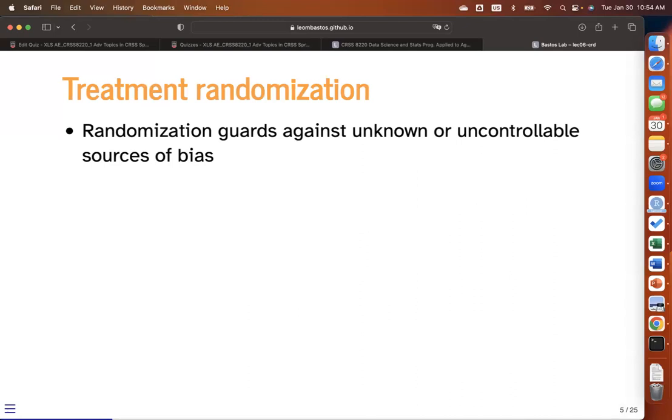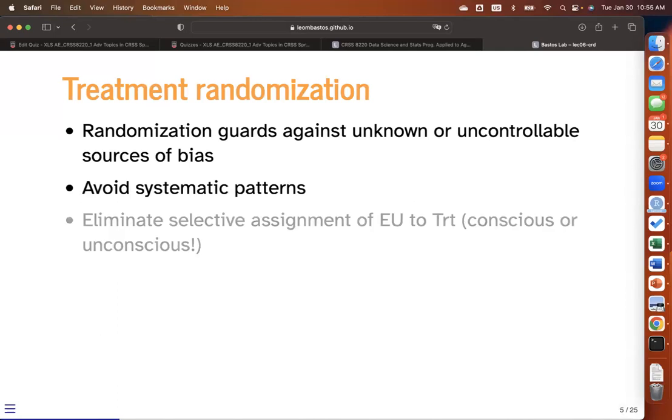So, we're going to be talking about some of the points that we just had a conversation about: randomization is what guards us against unknown or uncontrollable sources of bias. It helps us avoid systematic patterns and eliminate selective assignment of experimental unit to treatment, either conscious or unconscious.